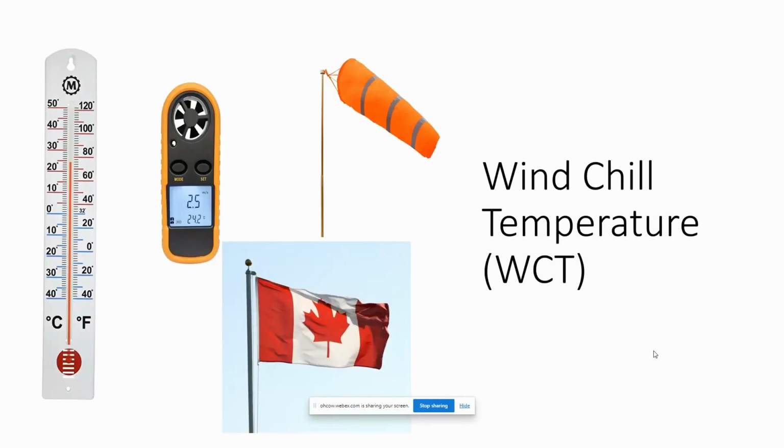So you can have a thermometer at your workplace for the temperature, or you can buy an anemometer, this yellow little instrument to measure speed, and then you can find out the wind chill temperature. If you don't have an anemometer, then you can use a flag and basically guesstimate the wind speed based on the stretch of the flag.